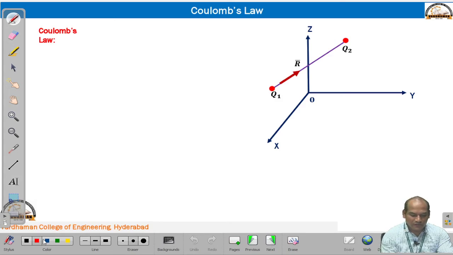So, now we will write in a different manner using the position vectors. The point charge q1 is available in free space at coordinates x1 comma y1 comma z1. Here we are using the Cartesian coordinate system. So, the position of the point charge q1 is given by the location x1 y1 z1.